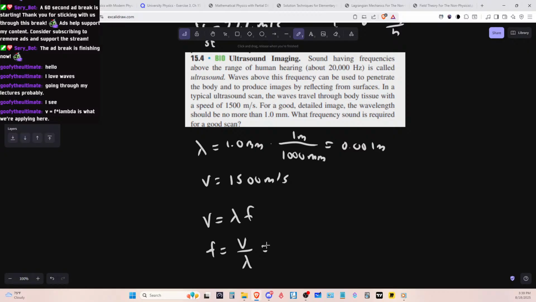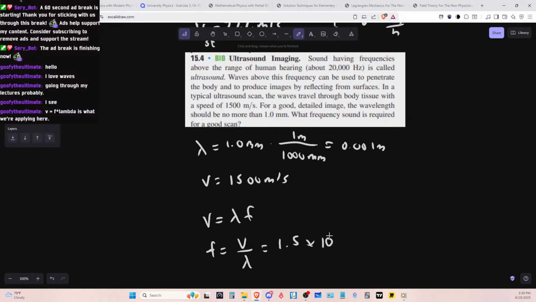Let's see. 1,500 divided by 0.001 meters. Let's write the frequency in scientific notation. It's not ultra huge, but I just don't want to write the zeros.